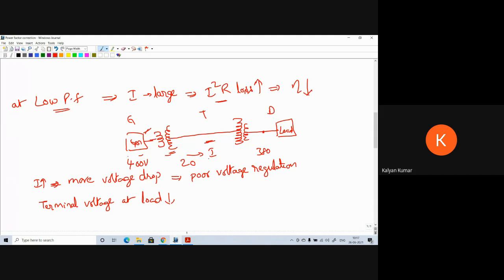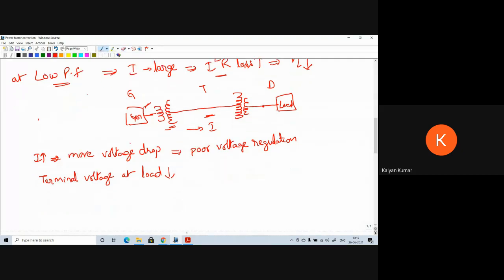Suppose due to the increase in current, if the drop I into Z has been increased, suppose if it has become now 40, then the voltage at the receiving end will become 360 only. So out of 400, 40 volts is dropped across the transmission system, and only we are going to get 360 as the receiving end voltage. Therefore, with the increase in current, the receiving end voltage will also decrease, results in poor voltage regulation.